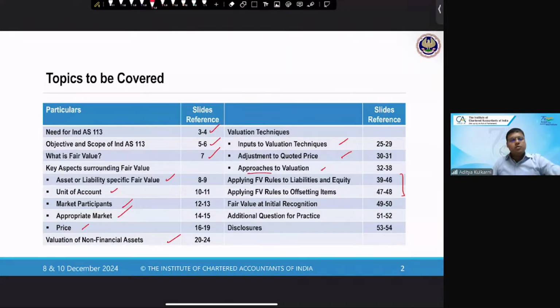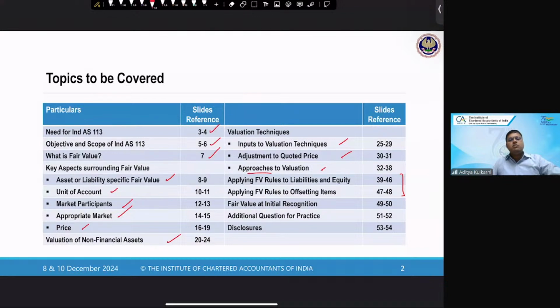When we spoke of approaches to valuation, three approaches: market approach, income approach, cost approach. Market approach, take the market value. Typically, it is in sync with level 1, in some cases with level 2 inputs. Your income approach is purely level 3 inputs, unobservable, DCF based.